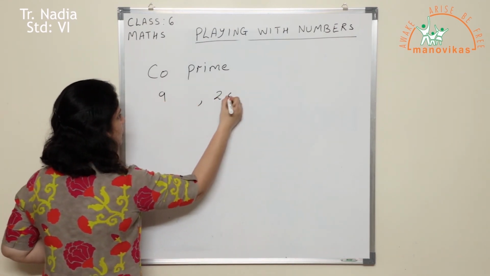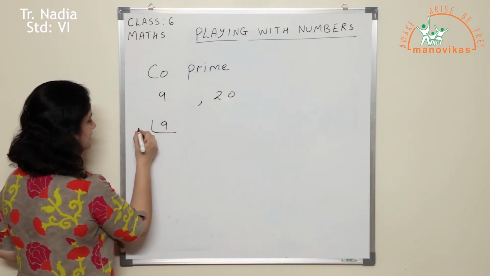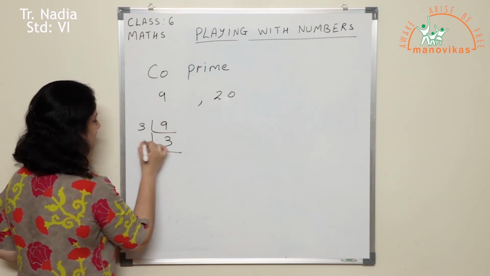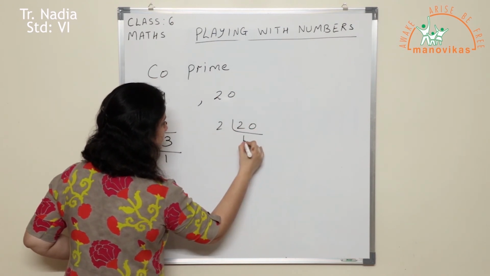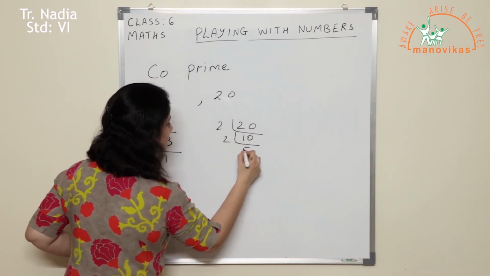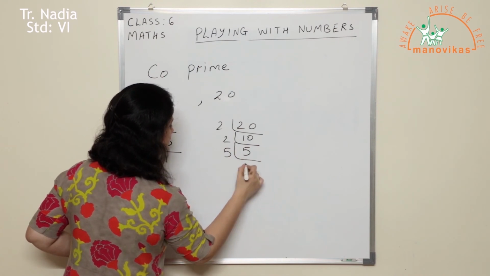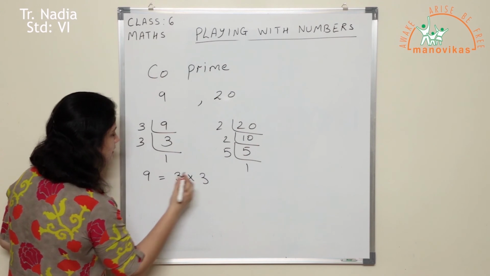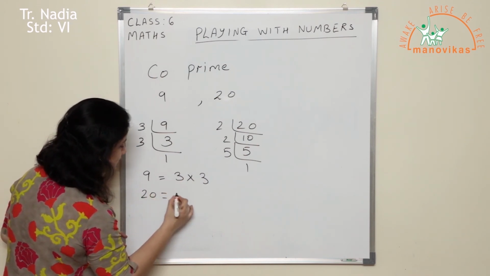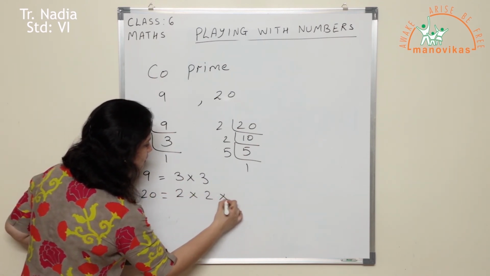9 and 20. Okay, I'll factorize 9. 3 3s are 9. 3 1s are 3. I'll factorize 20. Use only prime numbers. Okay, so 9 is made of 3 into 3 and 20 has 2 into 2 into 5.